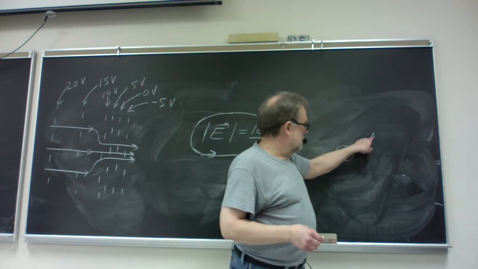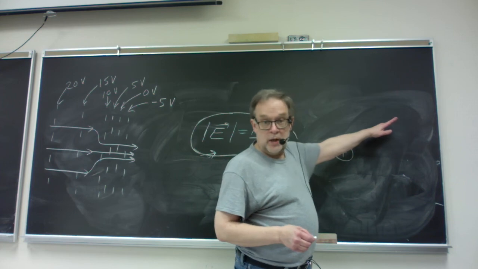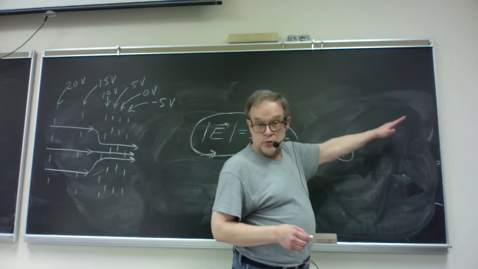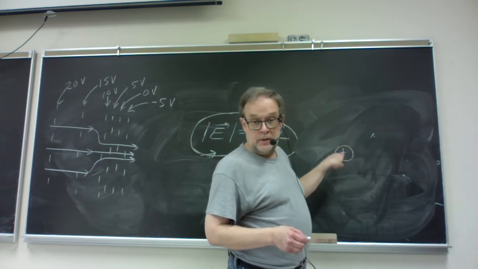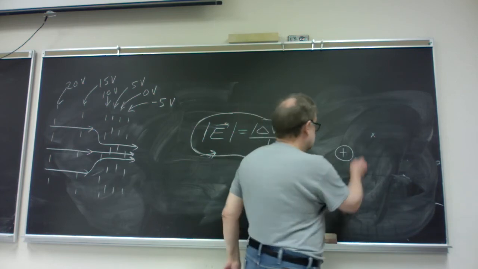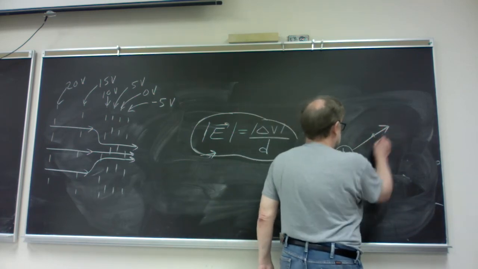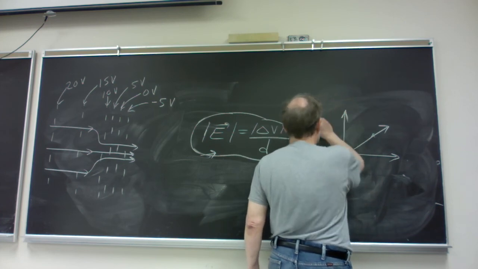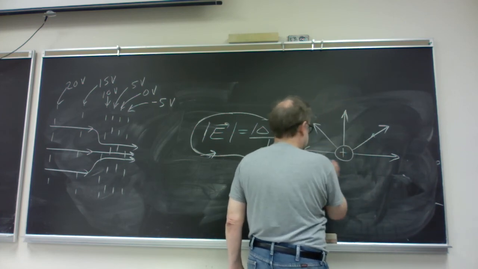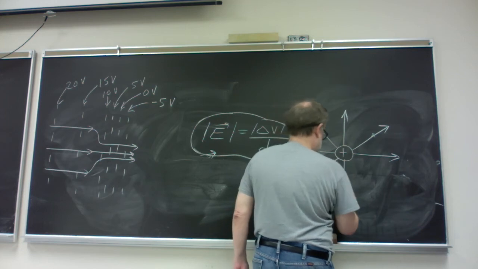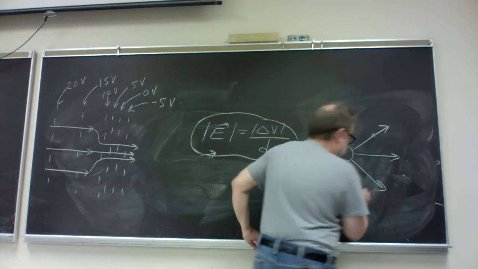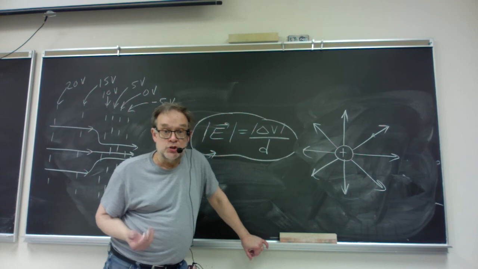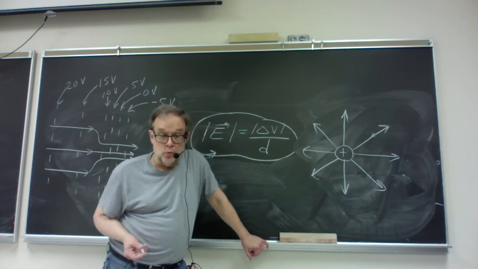So a force on a positive charge here would point straight away, radiate straight out from the source charge here. So electric field lines radiate straight away from that one lump of positive charge.